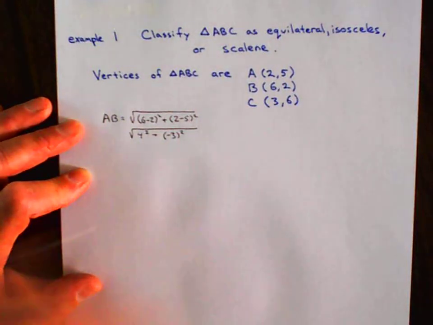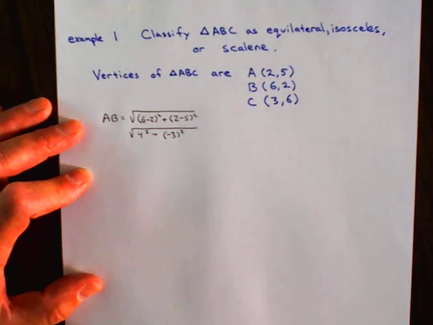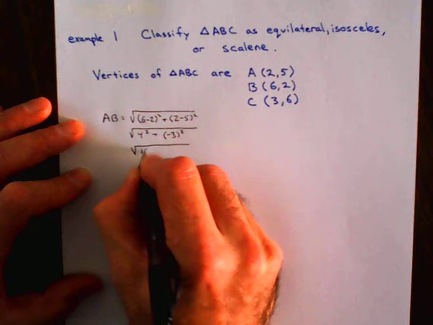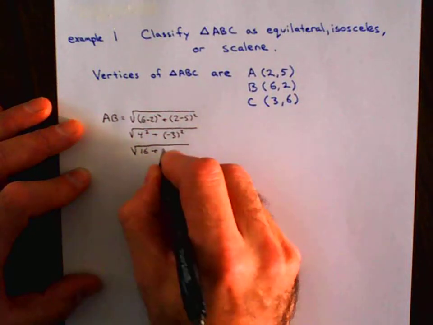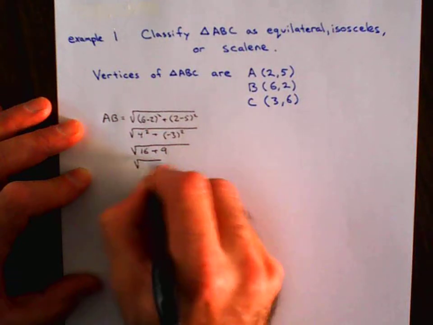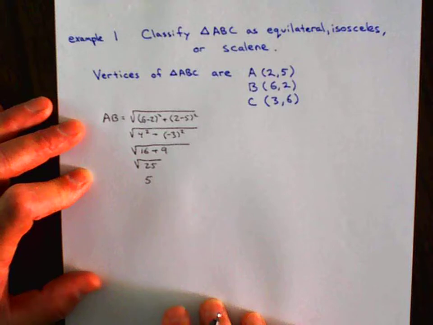Now as we work with this, we have the square root of 16 plus negative 3 squared is 9. So that's the square root of 25, which is 5. So AB has a length of 5.